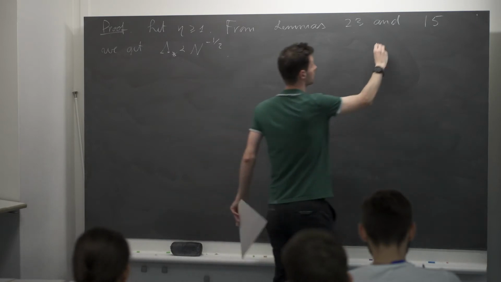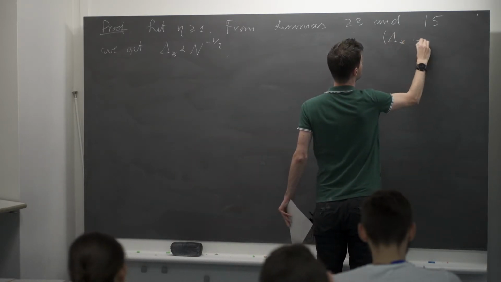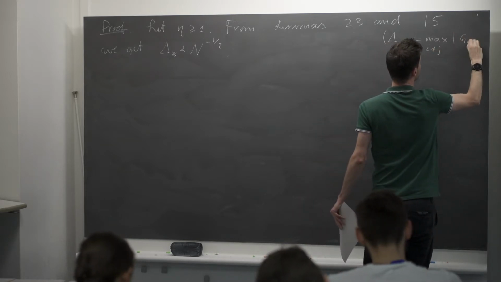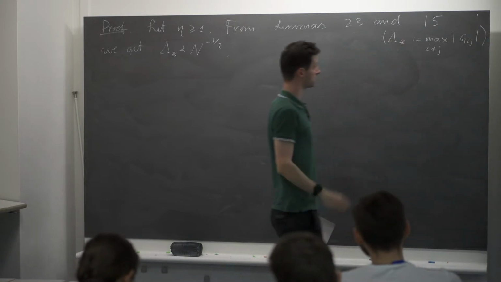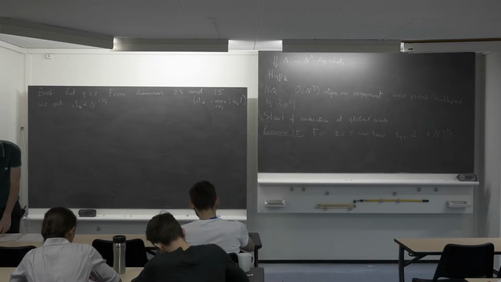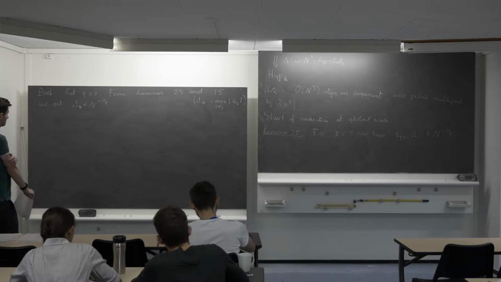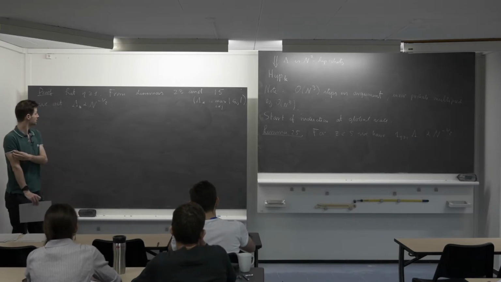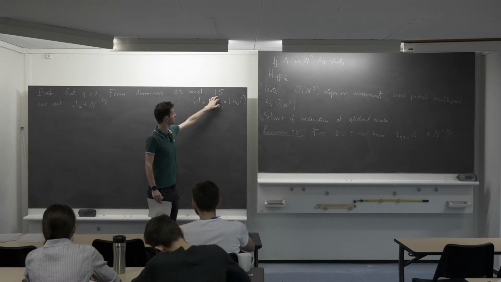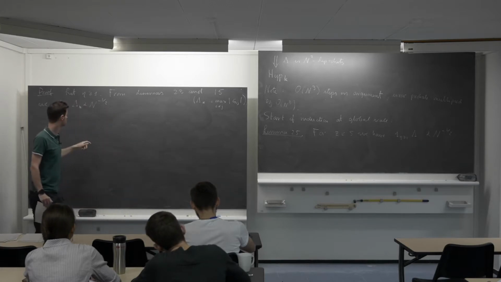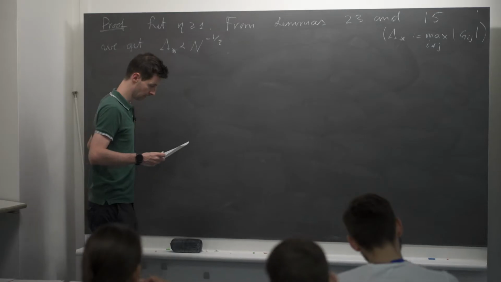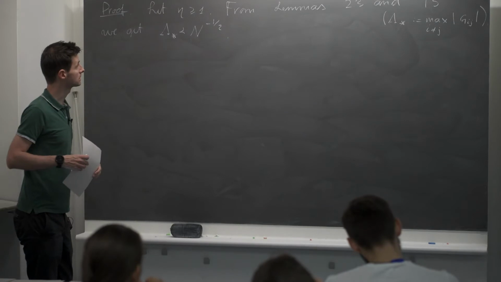If you recall this lambda star, that was the maximum of the off-diagonal entries. And in lemma 23, we saw that if eta is greater than or equal to 1, then this lambda star was bounded by what we called psi theta. But using the fact that the imaginary part of m, or m itself, is bounded, and eta is 1, this psi theta is obviously bounded by 1 over square root of n.